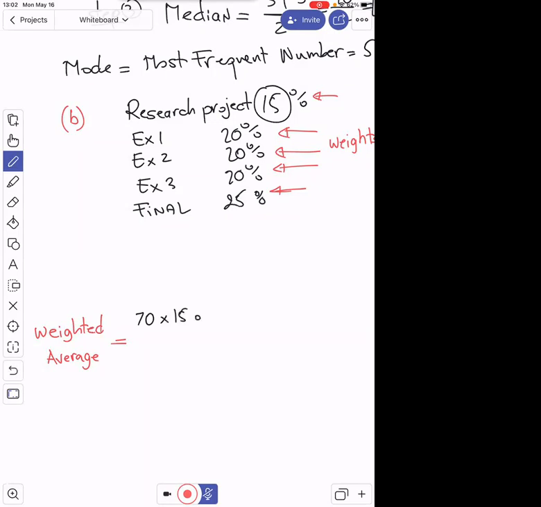Instead of percent, I'm going to use the decimal. The percent means division by 100, so 15% is 0.15. So 70 multiplied by 0.15, because his score on the project is 70.